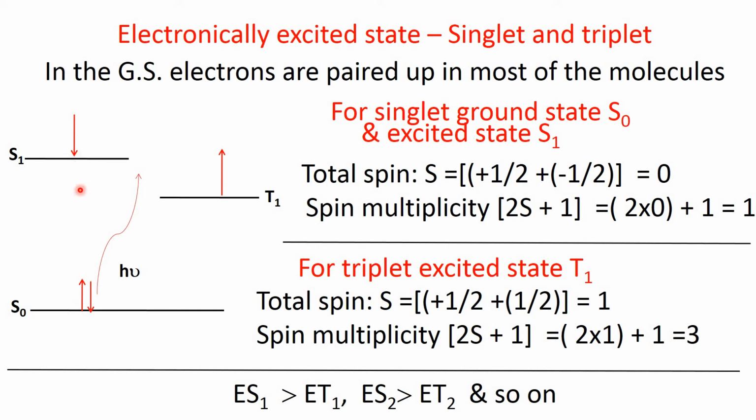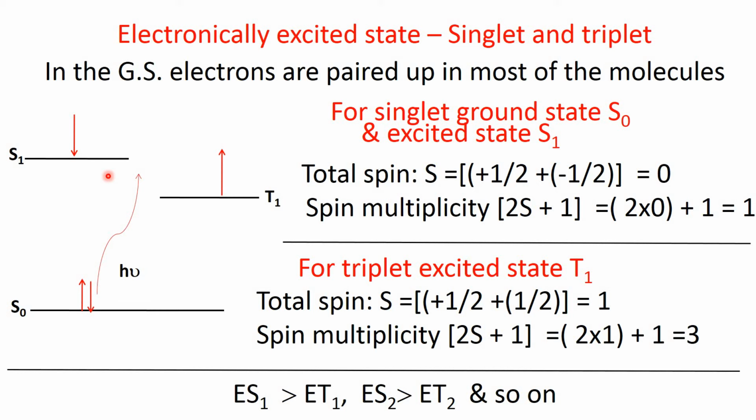In that case also, the total spin of these two electrons is plus half minus half, that is equal to 0, and then the spin multiplicity will be 2S plus 1, that is 2 into 0 plus 1 is equal to 1, and the molecule is said to be in the singlet excited state.